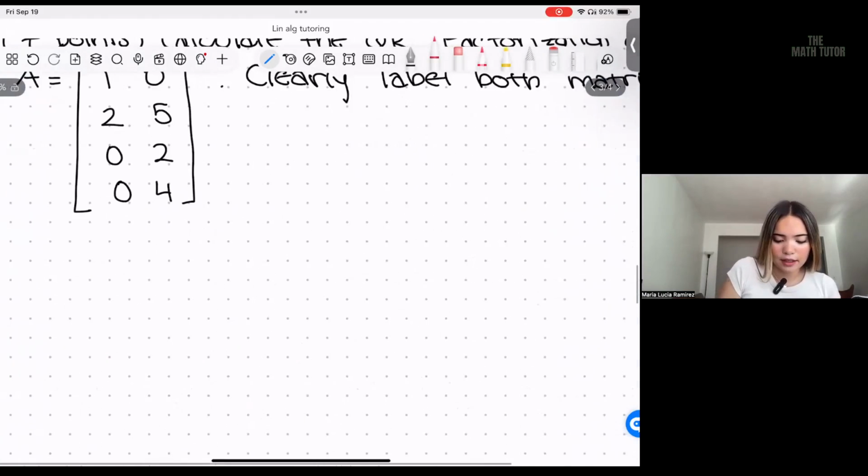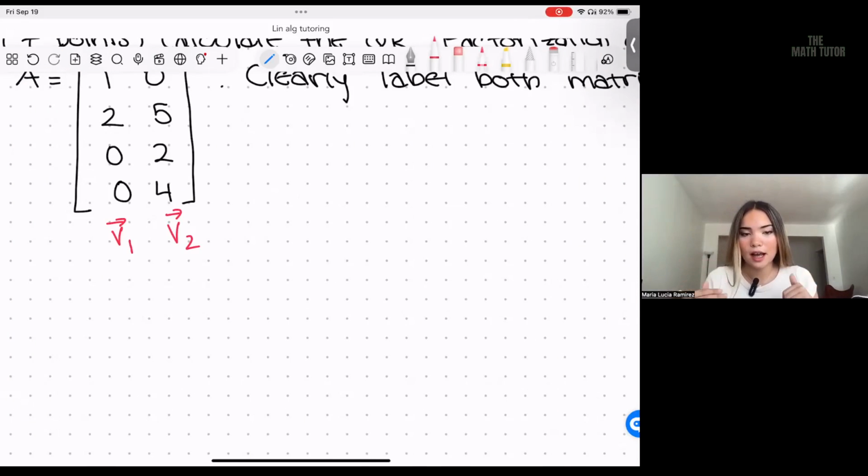So I'm going to label this V1 and V2, and this is going to help us set a basis for our QR factorization.